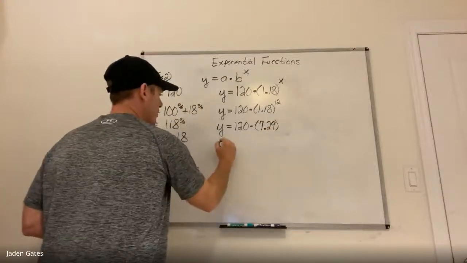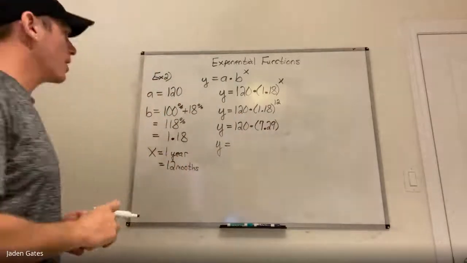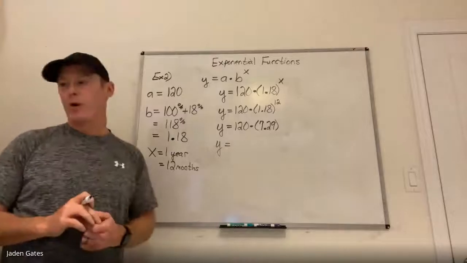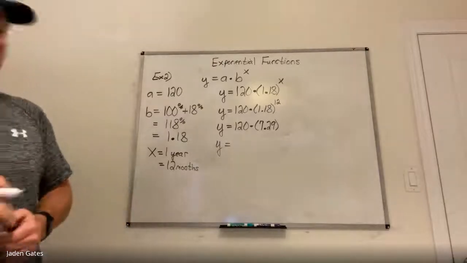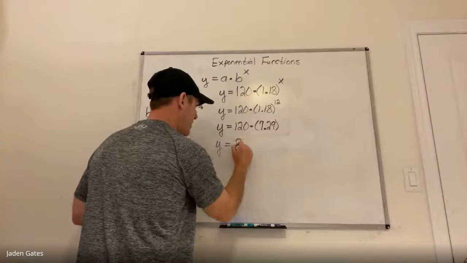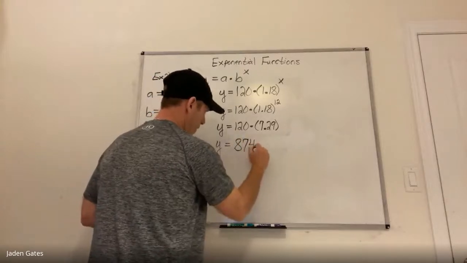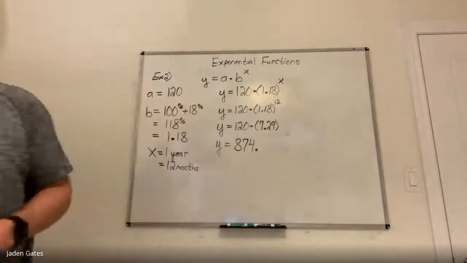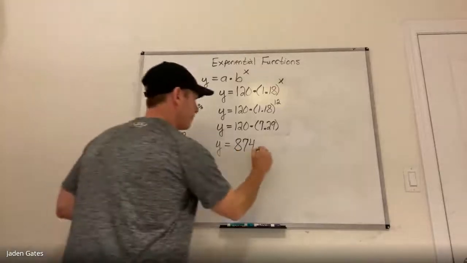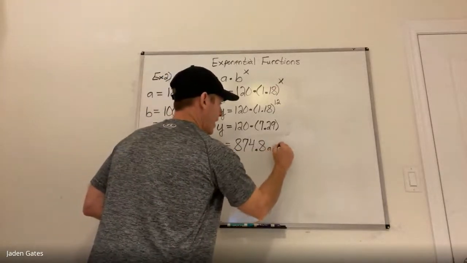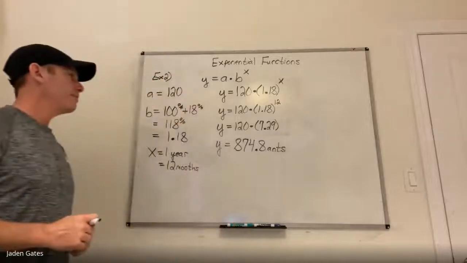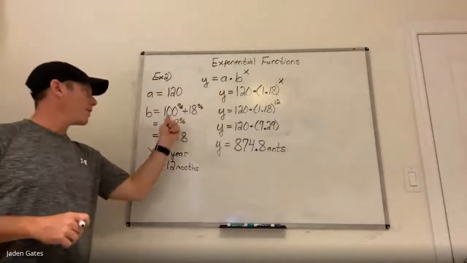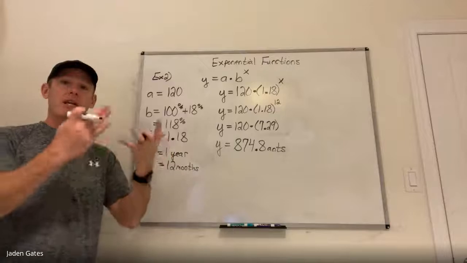And then, of course, finally, multiplying 120 by that 7.29, I'm looking at roughly 874 point, you can't have decimals here, it doesn't make sense, 0.8 ants.